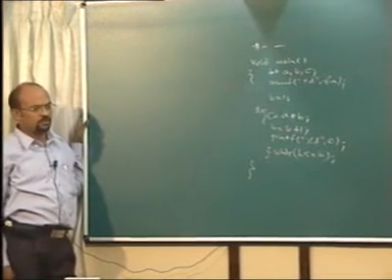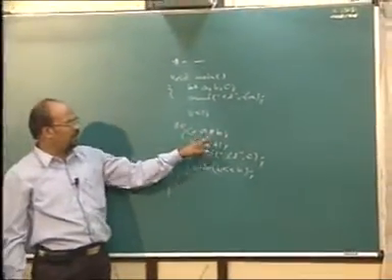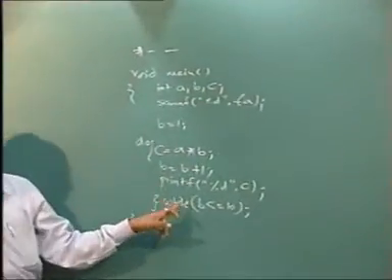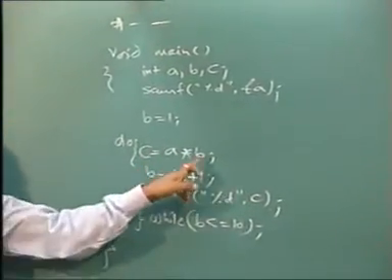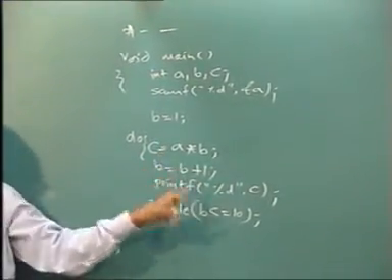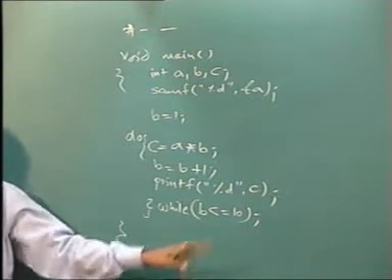Has to. First of all, it will be A into 1, so A will be printed. B becomes 2. A into 2, 2A will be printed. Right.